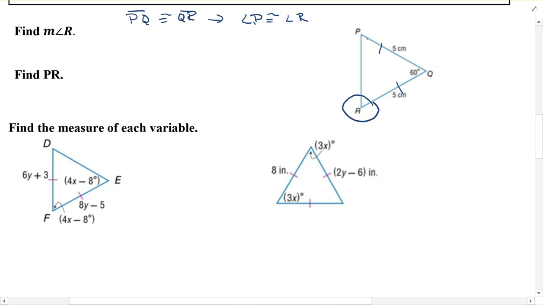That divided by 2 would make both of these 60 degrees. Well, if they're all 60 degrees, then it has to be an equilateral triangle with all three sides congruent. So the measure of PR would also have to be 5 centimeters.